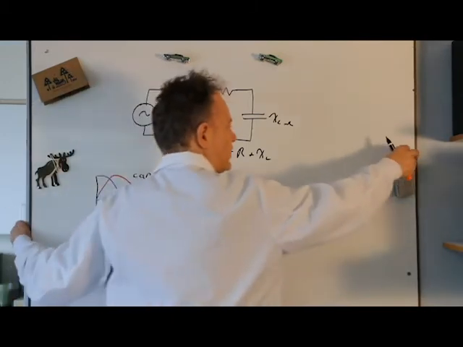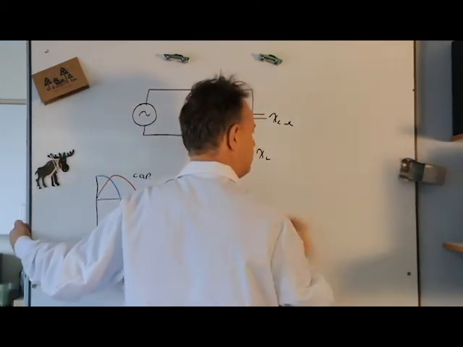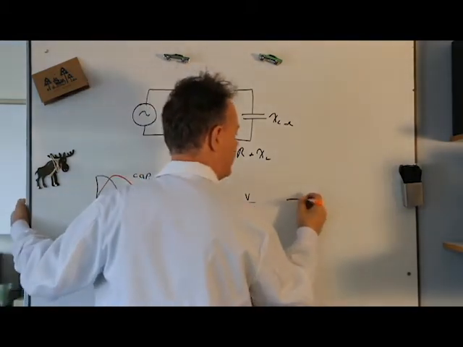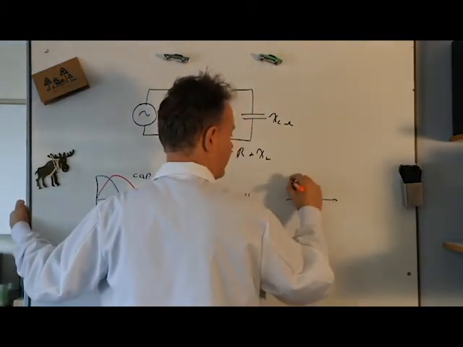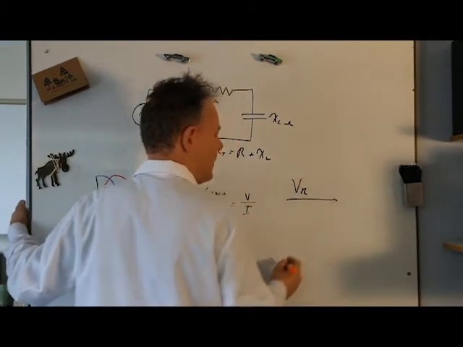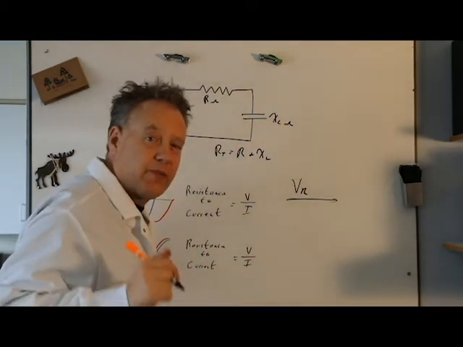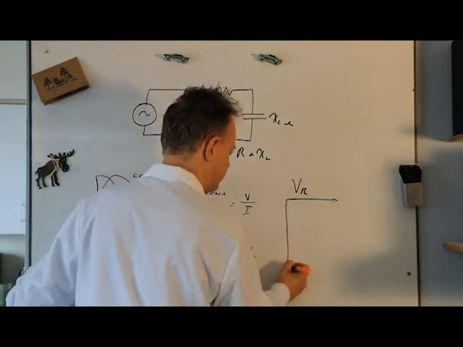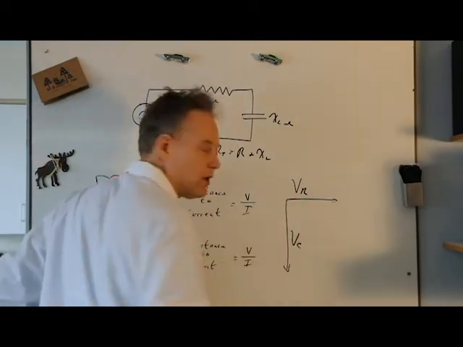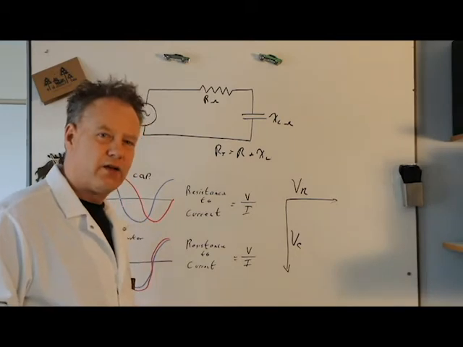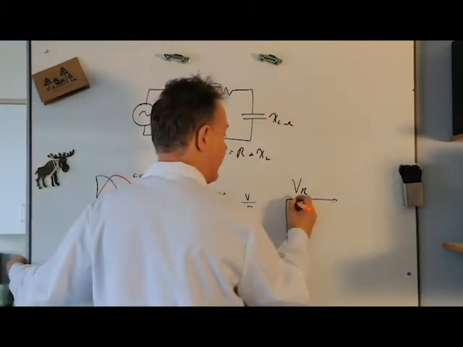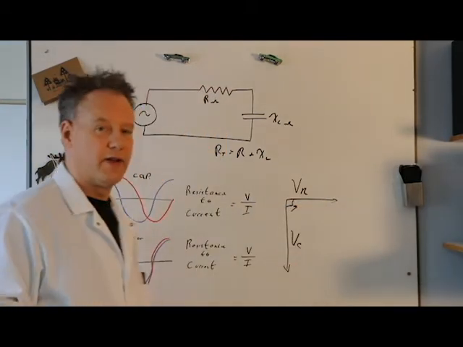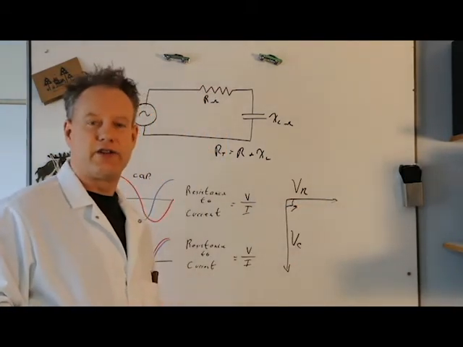Okay, so let's get rid of this and take a look at this. The voltage drop across the resistor is right here. The voltage drop across the capacitor is out of phase. It's actually 90 degrees out of phase.